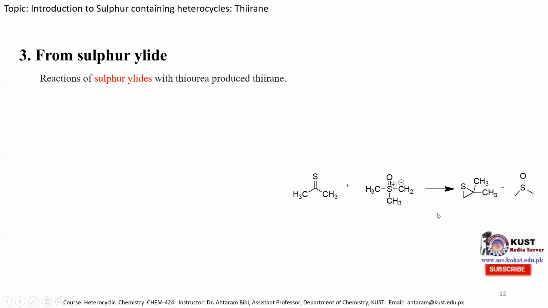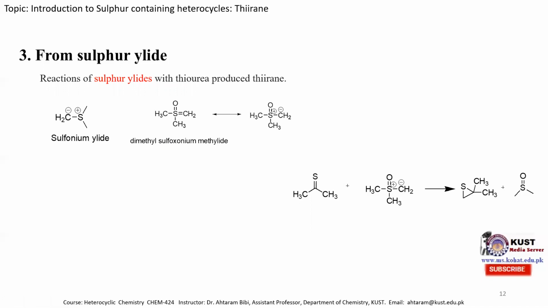So the sulfur halides are of 2 types. One is the sulfonium halide, as it is mentioned over here, and the second one is the dimethyl sulfoxonium methylide, and it can exist in this form or in this form. And these sulfur halides can be produced by a reported method.